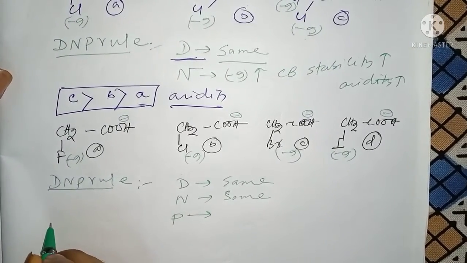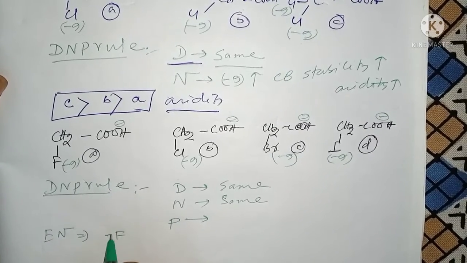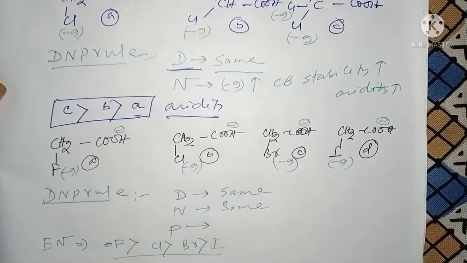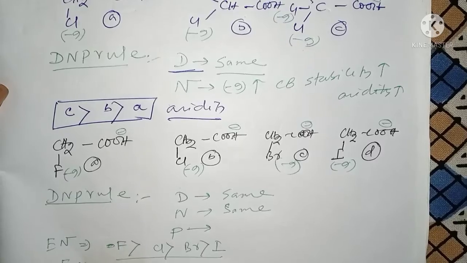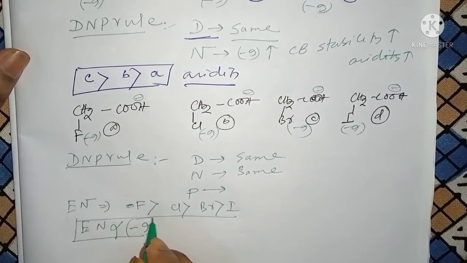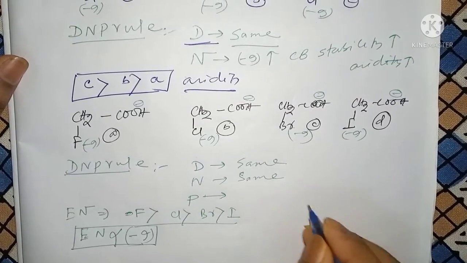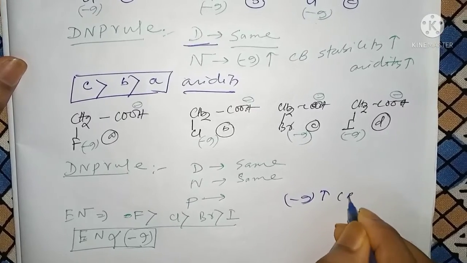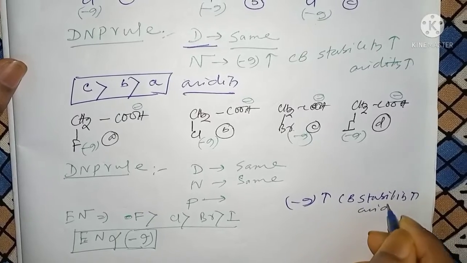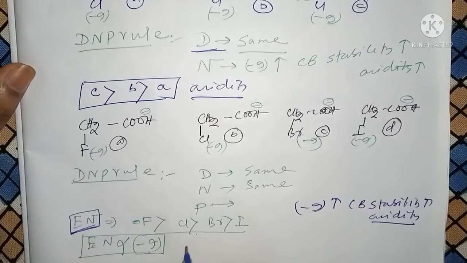We know the electronegativity order: fluorine greater than chlorine, greater than bromine, greater than iodine. Electronegativity is proportional to the minus I effect. Remember this. So as the minus I effect increases, conjugate base stability increases, and acidity increases.